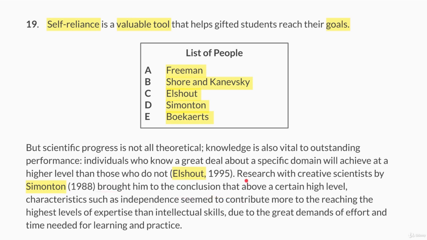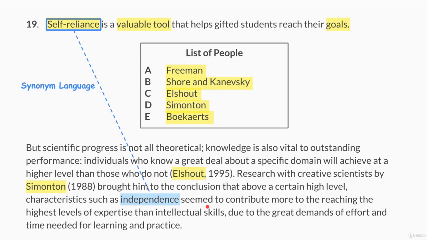Here we go. Research with creative scientists by Simonton brought him to the conclusion that above a certain high level, characteristics such as independence, alright, there we go, independence is synonym for self-reliance. That is synonym language.